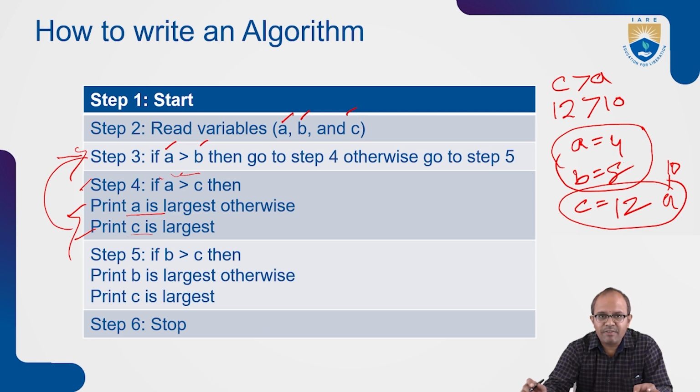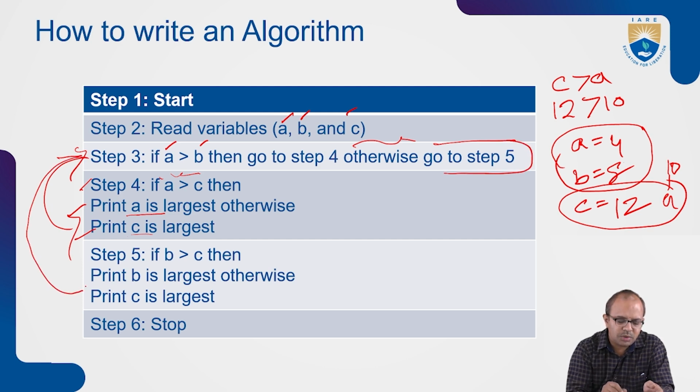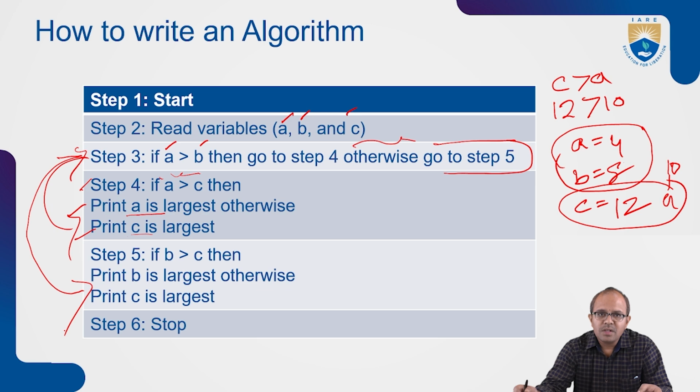It fails. That is, A greater than B is a false statement. So what are we directing? Otherwise, if the condition fails, go to step 5. So from step 3, we will directly jump to step 5. No need to execute step 4. That's the recommendation we are giving in the algorithm. That's nothing but a pseudocode, I can say.